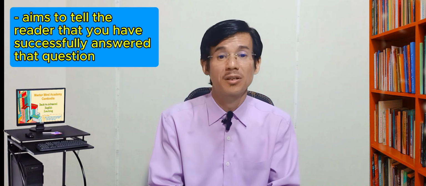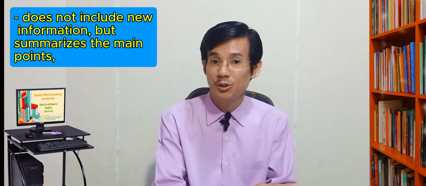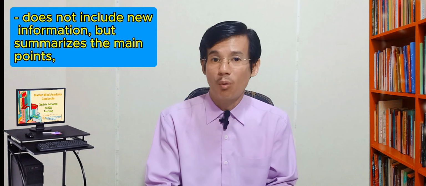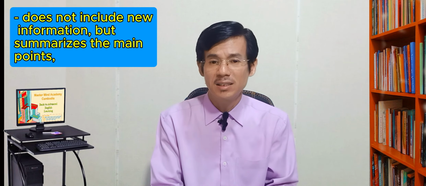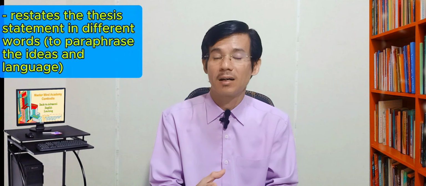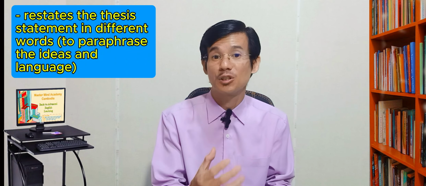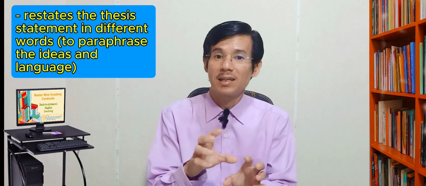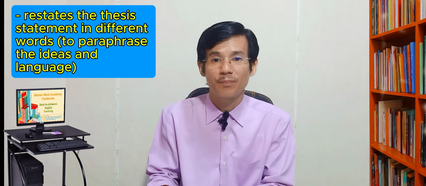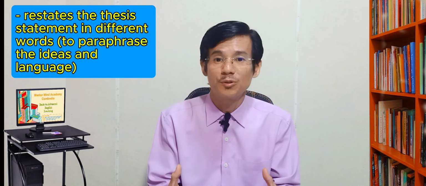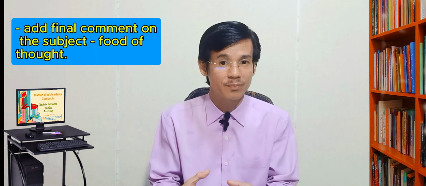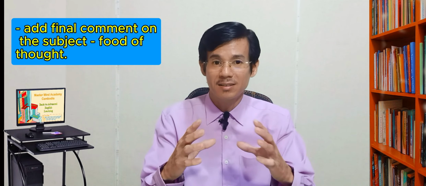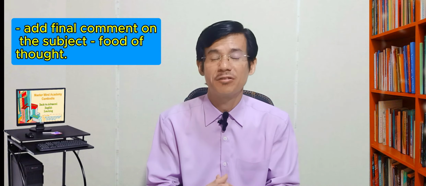Normally, the conclusion of an essay does not include any new information at all, but it summarizes the main point that was discussed in the body, or it can restate the thesis statement in different words. That is to paraphrase the idea and the language. And then you can add your final comment on the subject. That is the food for thought. Alright? So this is the conclusion of an essay.